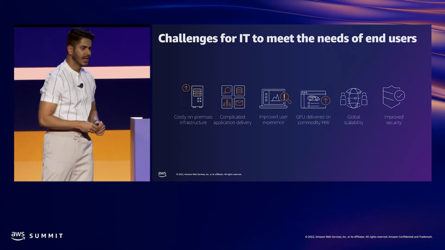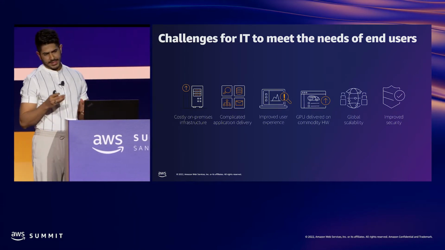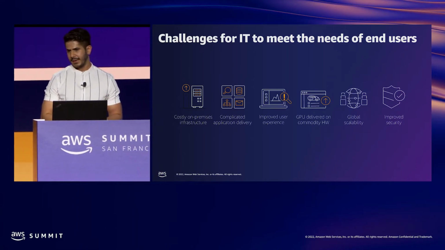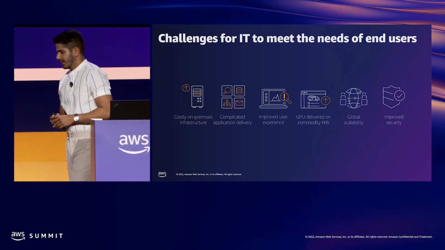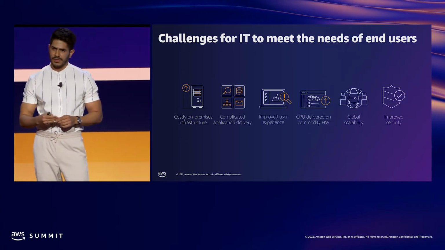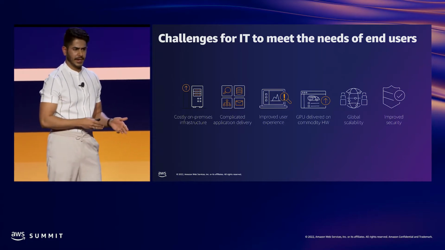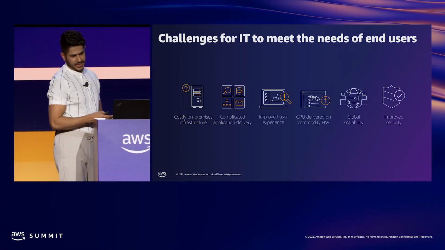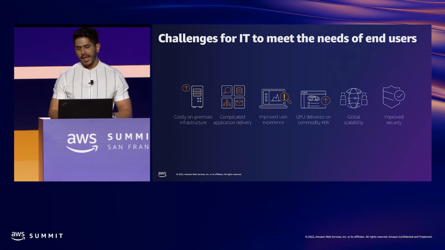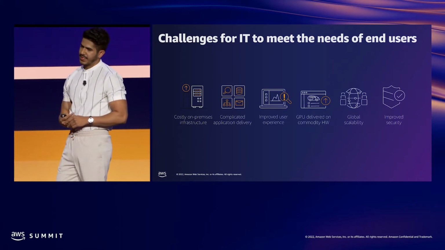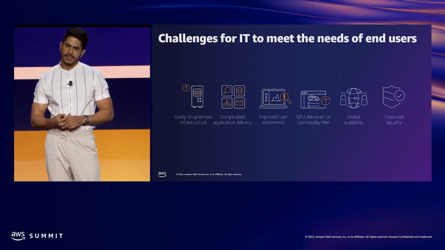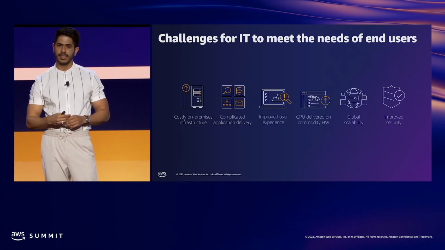So what happens is they end up predicting usage, and at the end of the quarter or during the year, they're not able to fully meet the demands of the employees that do end up getting hired. So it's slightly inconvenient for them. There are some other challenges that organizations are also running into, and one of them is bring your own device, or BYOD.